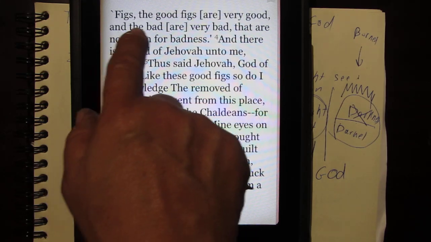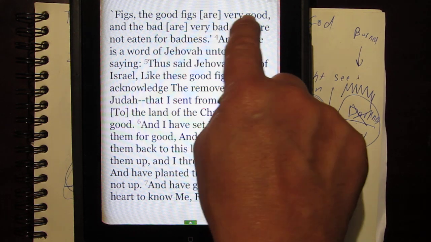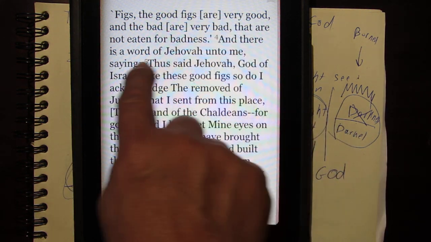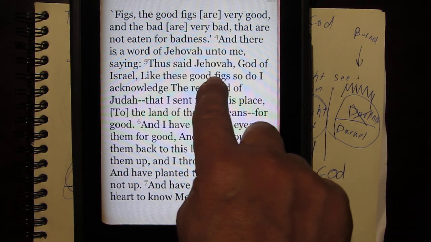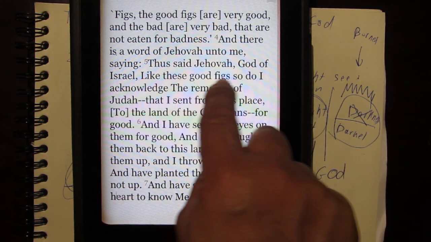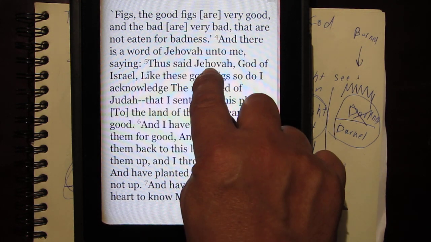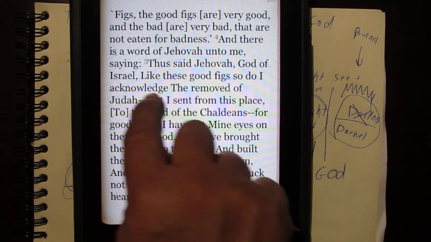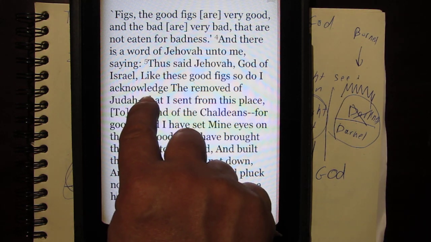And we're going to go a little further down so that we don't get caught up on time. Figs, the good figs, very good, and the bad, very bad, that are not even for badness. And there is a word of Jehovah Yahweh unto me, saying, Thus saith Yahweh, Jehovah, God of Israel, like these good figs, so do I acknowledge.